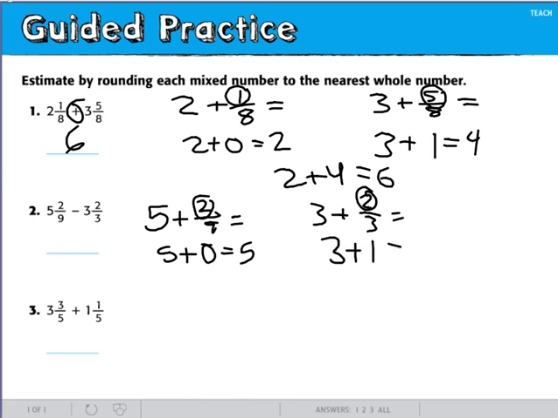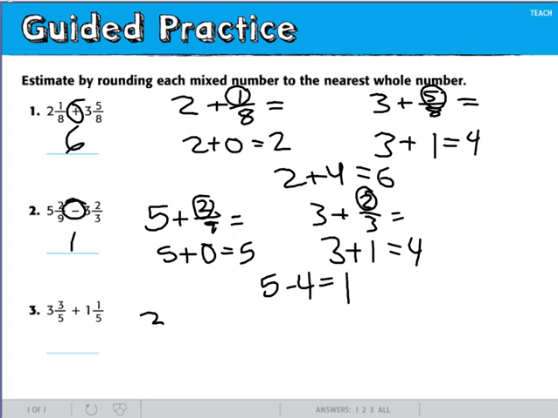So that's 3 plus 1. Make sure you check your sign. It's subtraction, so 5 subtract 4 is 1. On a subtraction problem, you're still adding when you're rounding. Okay? But then you have to make sure you subtract when you're done.